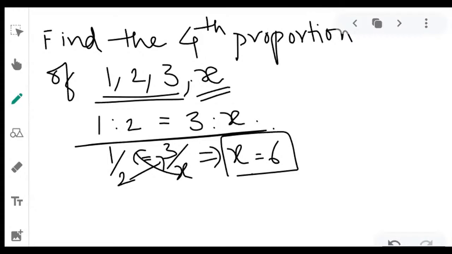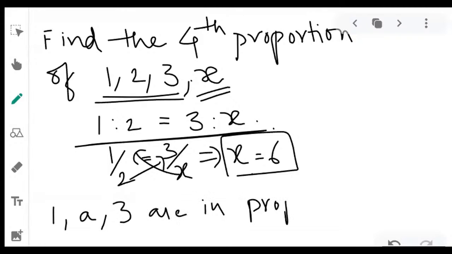If they say 1, a and 4 are in proportion, find a.